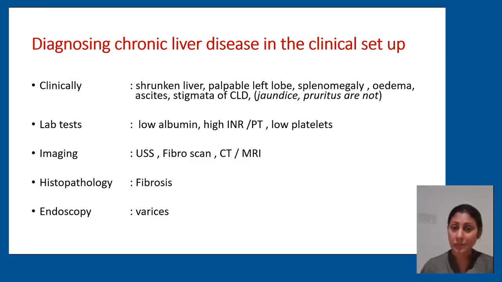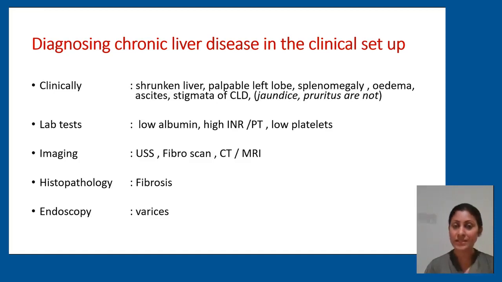In addition, if there is a palpable left lobe or splenomegaly as a result of portal hypertension, that would again tell you this child has chronic liver disease. The reason for the splenomegaly is portal hypertension, which would happen as a result of chronic liver disease, because splenomegaly cannot happen overnight or within weeks. That is why it will be absent in acute hepatitis or acute liver failure.